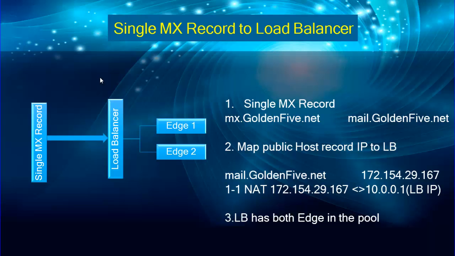You just have one MX record in the public DNS, then you map that IP to your firewall or router, and that does the NATing to the internal load balancer, and the internal load balancer is doing the load balancing for the edge transport servers. That sounds pretty easy. Any question on this? All right.